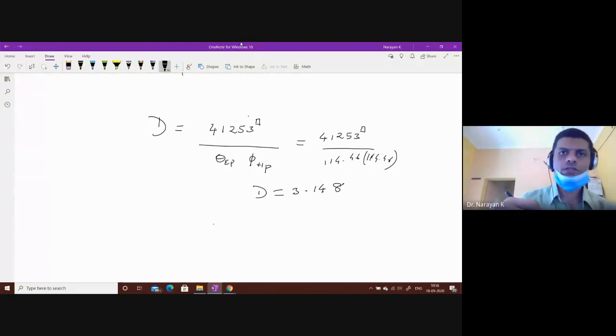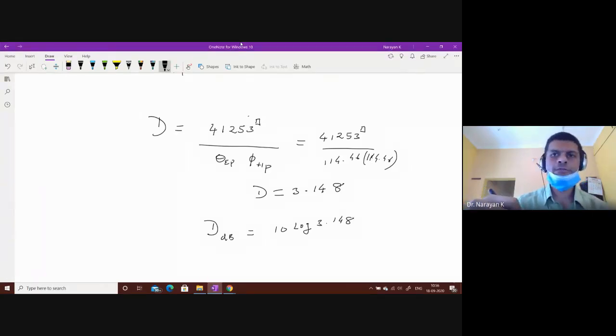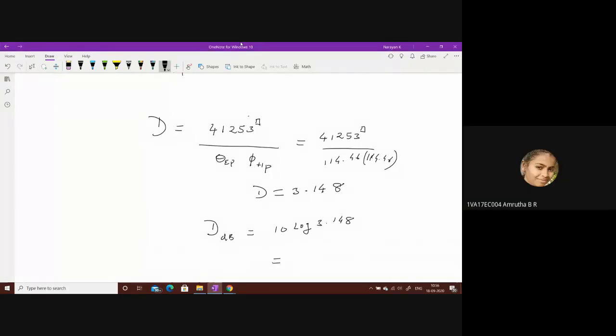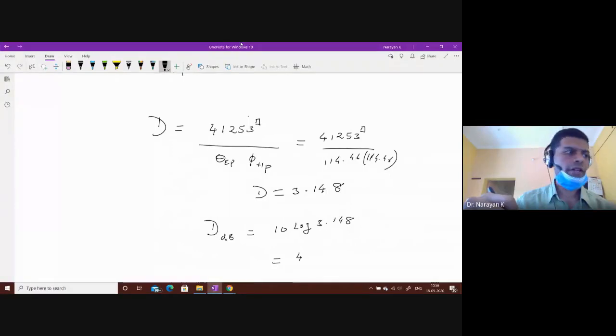Excellent. So, can you find the directivity in decibels? 10 log to the base 10 of 3.148. Can you please find the value? 4.98. 4.980 decibels.